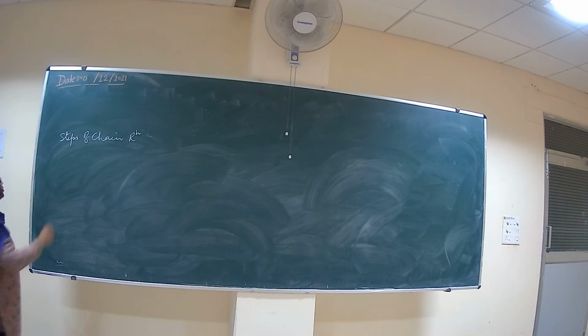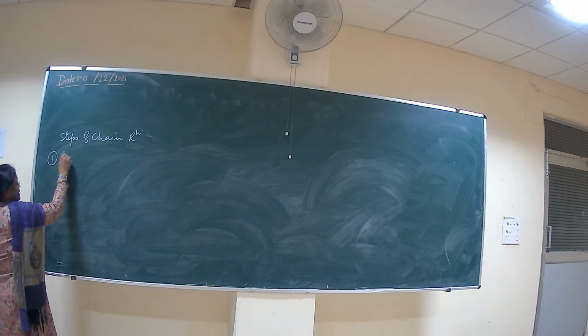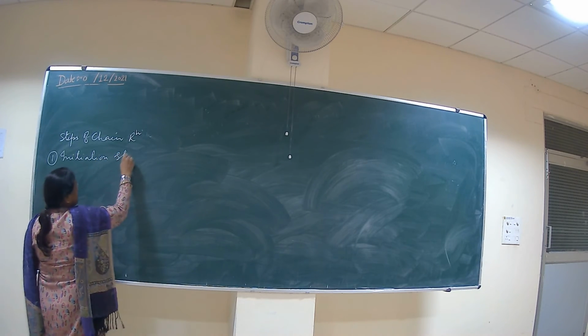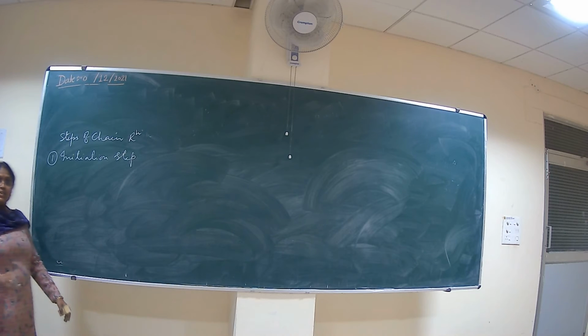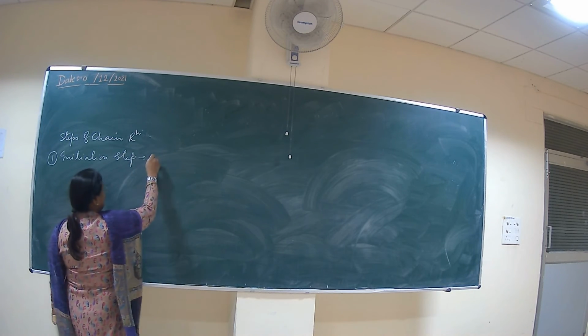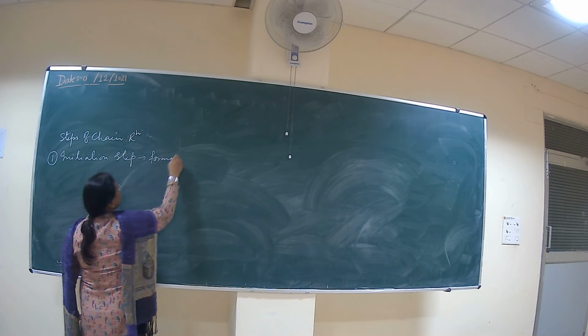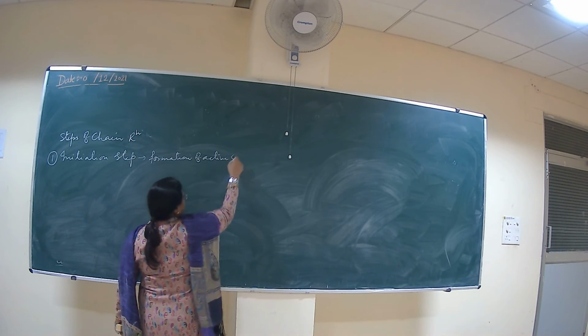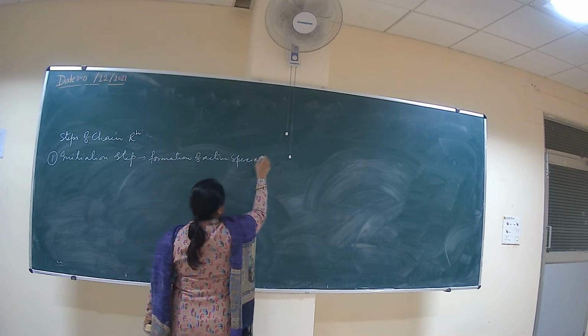So in the chain reaction, first step is the initiation step. Now initiation step means there is a formation of the active species.